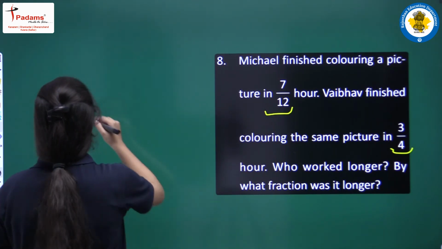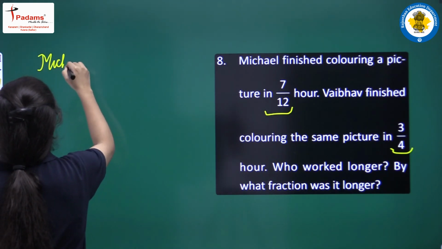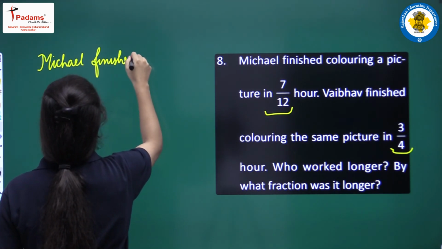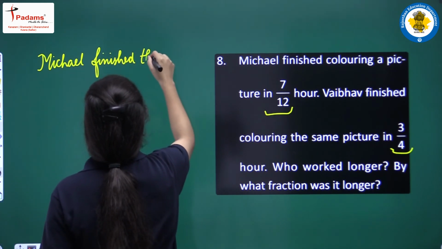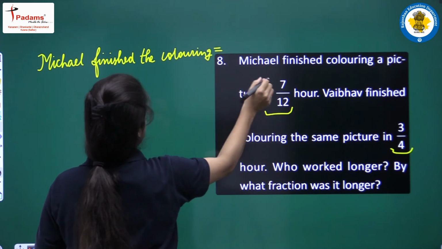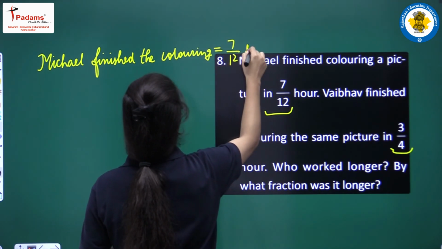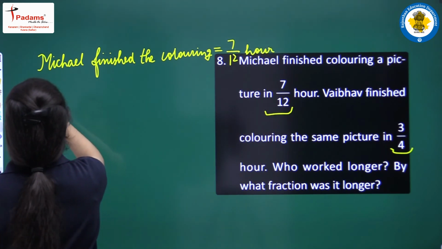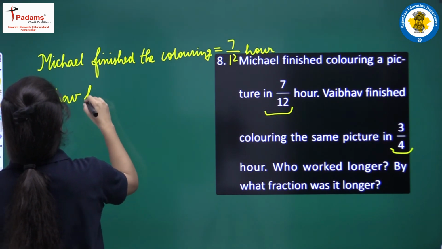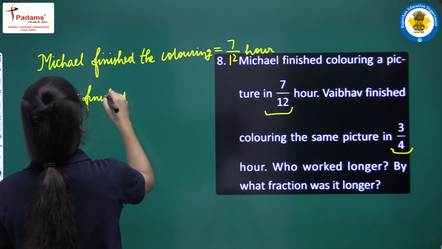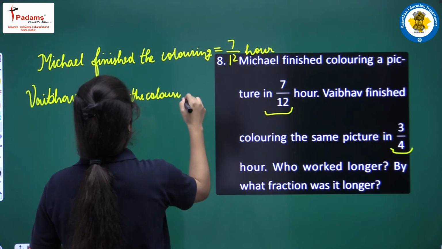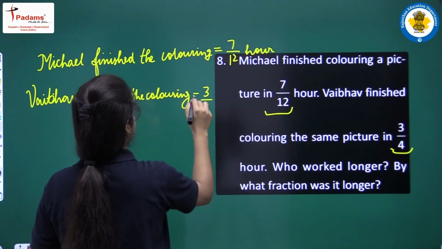Alright students, Michael finished the coloring in 7 upon 12 hours, whereas Vaibhav finished coloring in 3 upon 4 hours.